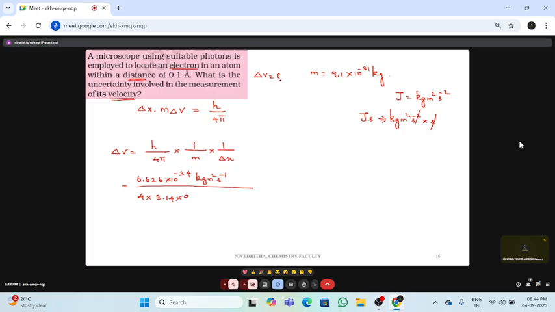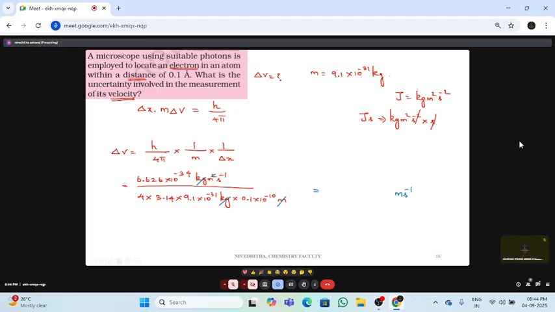Mass of an electron is 9.1 into 10 power minus 31 kilogram, and position is 0.1 into 10 power minus 10 meter. That's it. So here kilogram will get cancelled, meter and 1 meter will get cancelled. You'll get the unit in terms of meter per second, that is the unit of velocity, right?